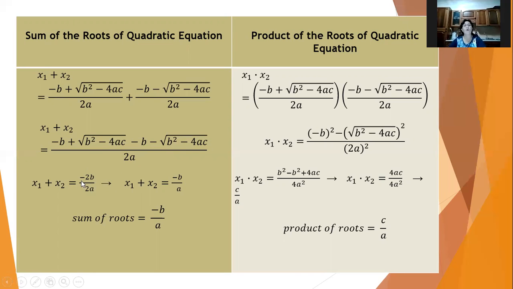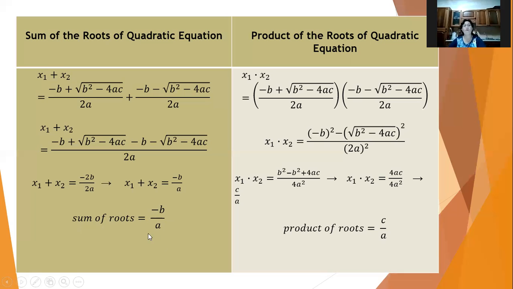It is negative 2b over 2a. Negative 2 divided by 2 is negative 1. Negative 1 times b is negative b over a. Therefore, x sub 1 plus x sub 2, or the sum of roots, is equal to negative b over a.